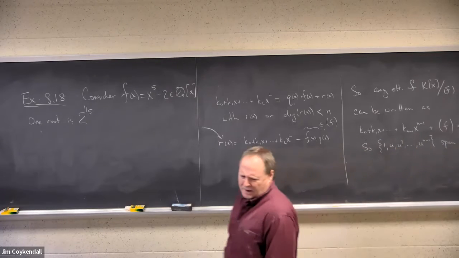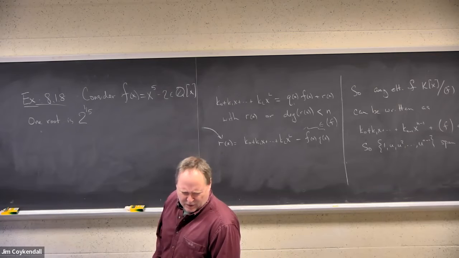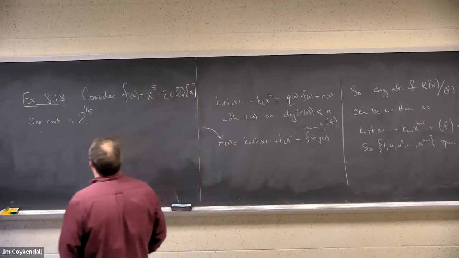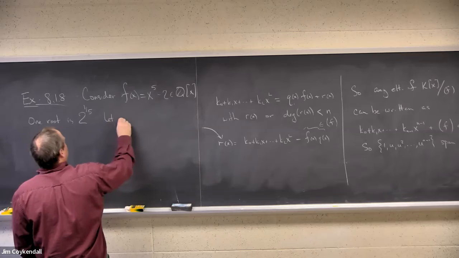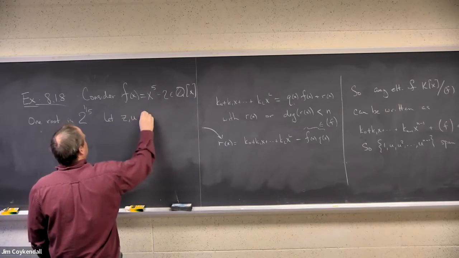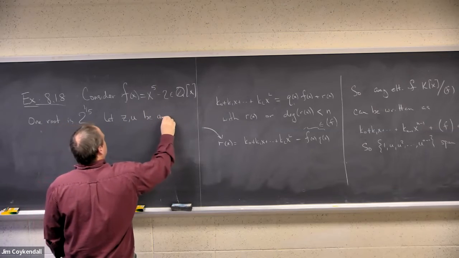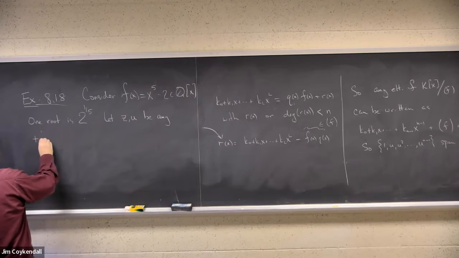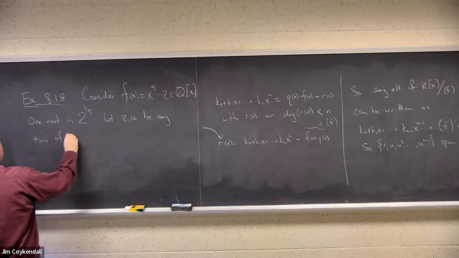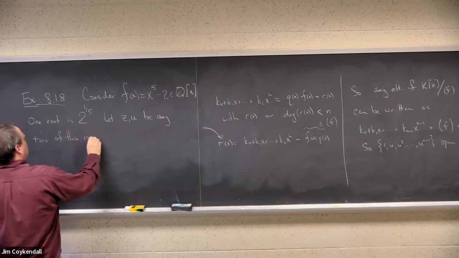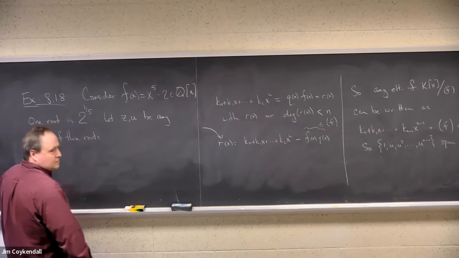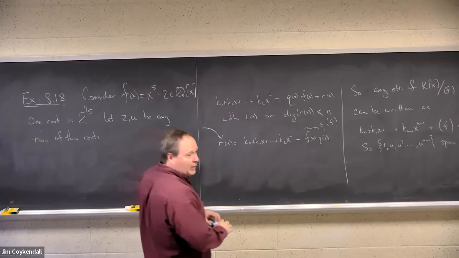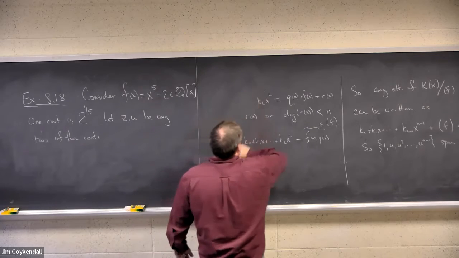Now, if you have any of these roots, let Z and U be any two of these roots, right? I mean, everybody agrees that there's actually 5 of them in the complex numbers.